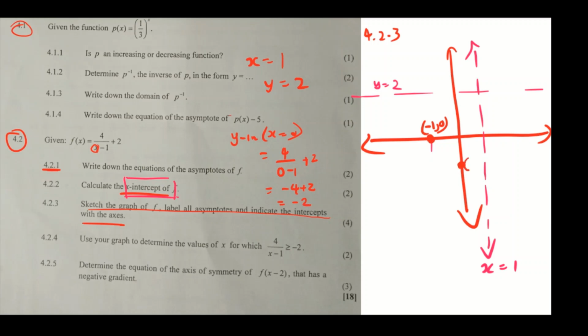So here it's going to be 0 and minus 2. So the function will move like this. Let me use a different color. It won't touch the asymptote, and then it moves like this, and here it's just going to be like this, right? So you've indicated all your intercepts and your asymptotes, you get all your marks, 4 marks.